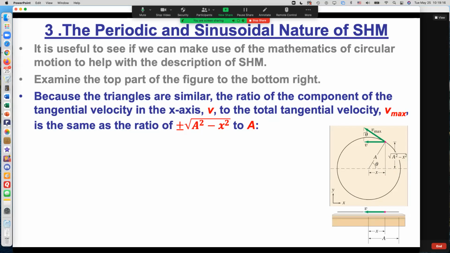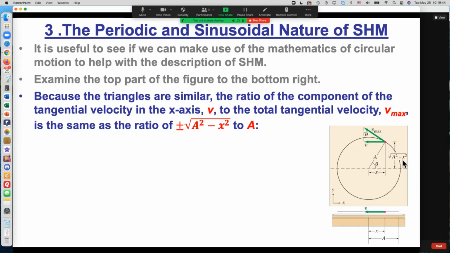They're similar triangles. So the ratios of the two sides to the hypotenuse are going to be the same. So the equivalent sides for this triangle, if we look at the ratio of V divided by V max, are A and the square root of A squared minus X squared.